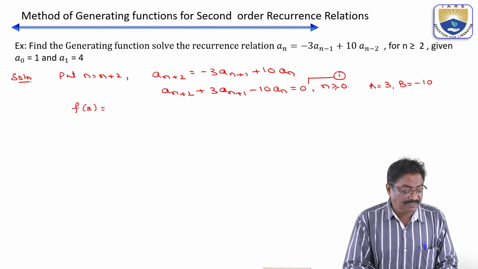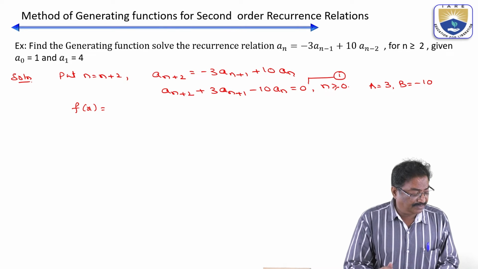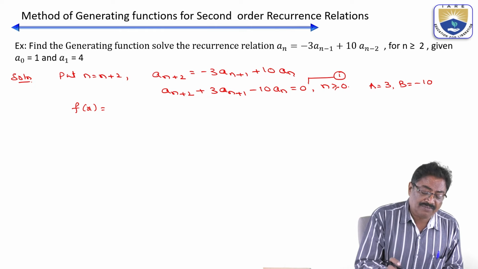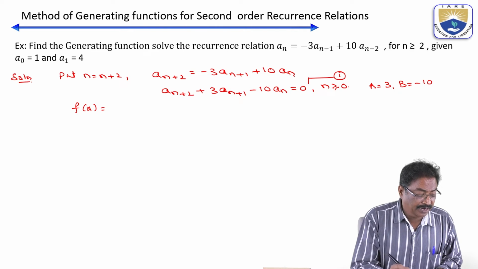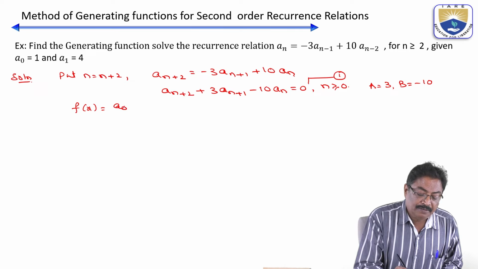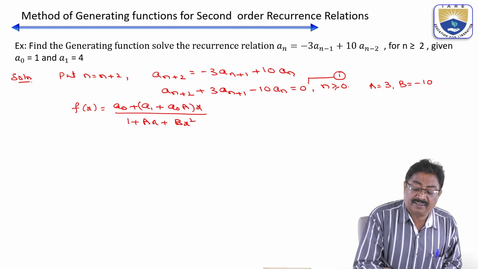If you want to solve this, we can take this as f(x) equals a0 plus a1 x by 1 plus ax plus bx square.